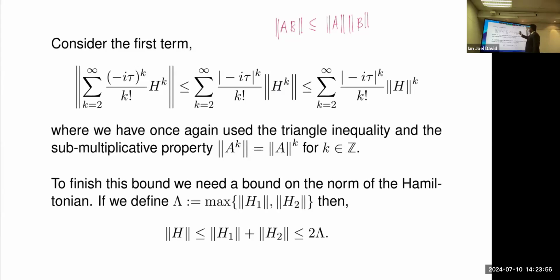Okay, so this is the quantity that we need to find a bound for.